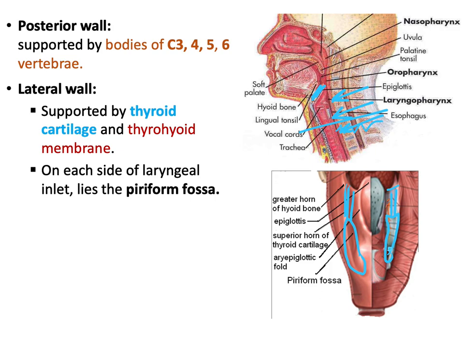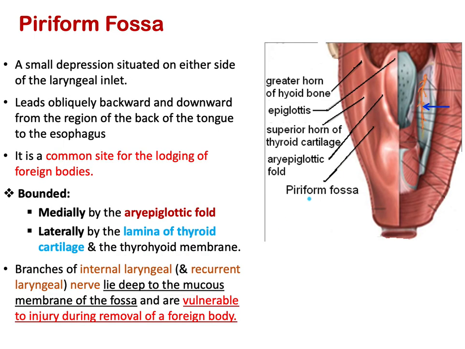And of course, on each side of the laryngeal inlet, you have this fossa here. This space, my friends, we call the piriform fossa. What's the piriform fossa?